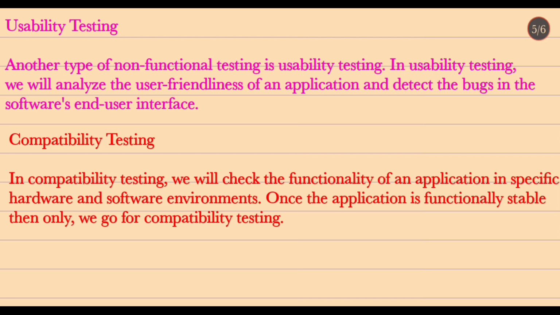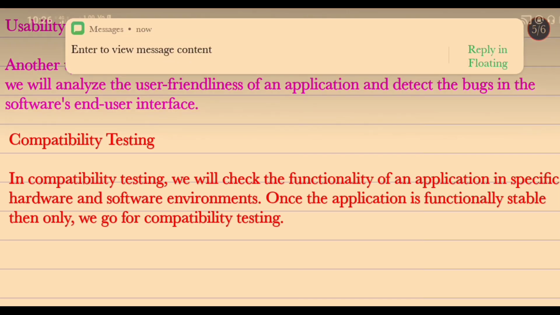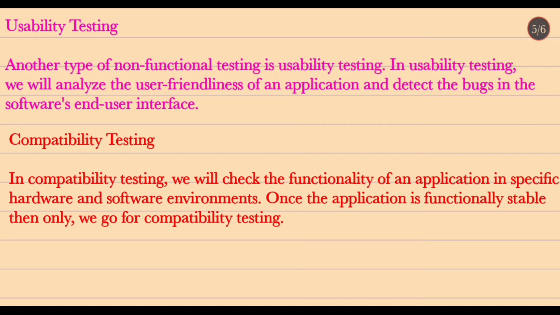We run the test on it and check whether this hardware is able to handle my application or not, or whether this software is able to handle my application or not. Once the application is functionally stable, only then do we go for compatibility testing.